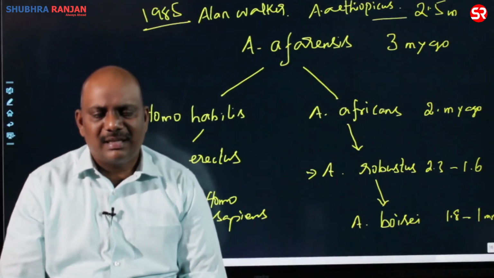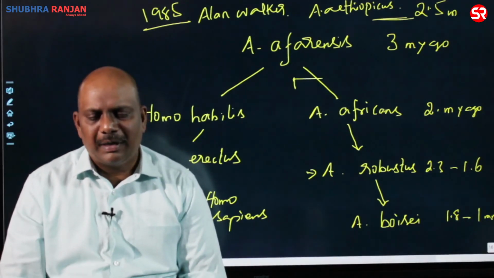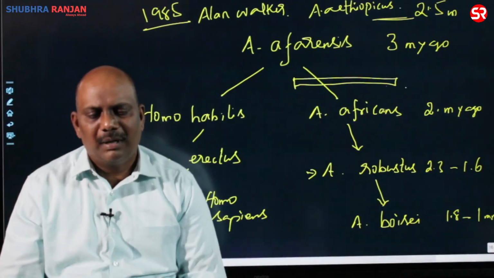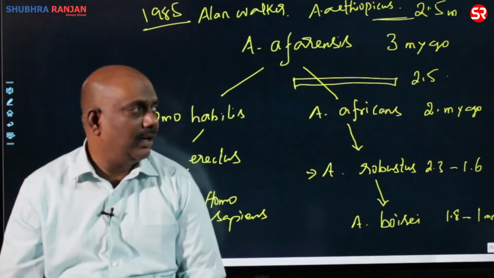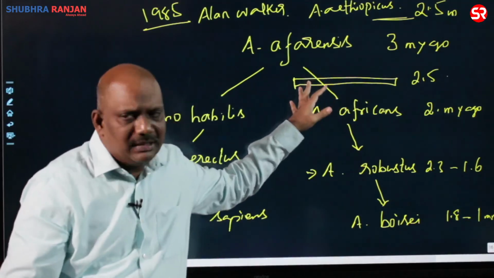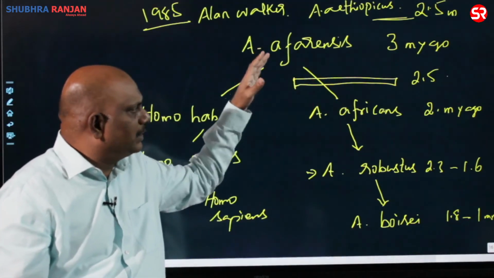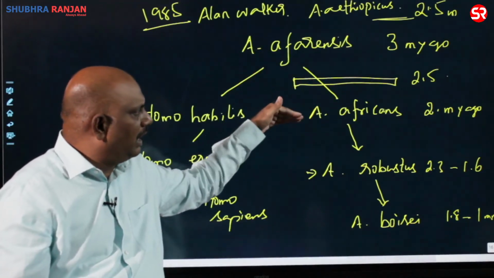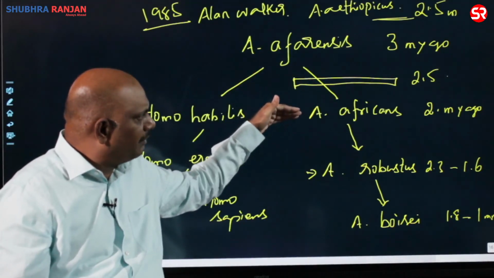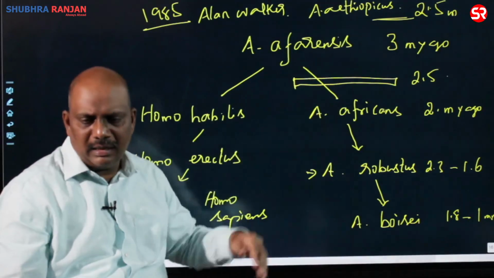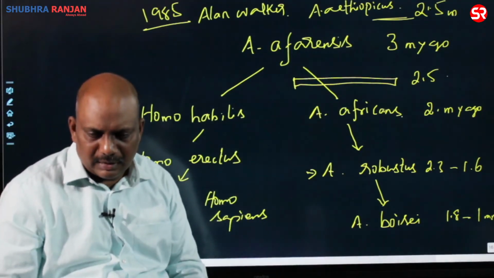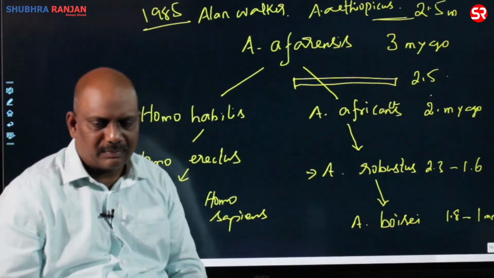As the age suggests, we cannot keep it here because it is 2.5 million years old. We cannot keep it here in this table, because if we keep it here, it means this fossil is primitive to that of africanus, A-F-R-I-C-A-N-U-S, africanus.